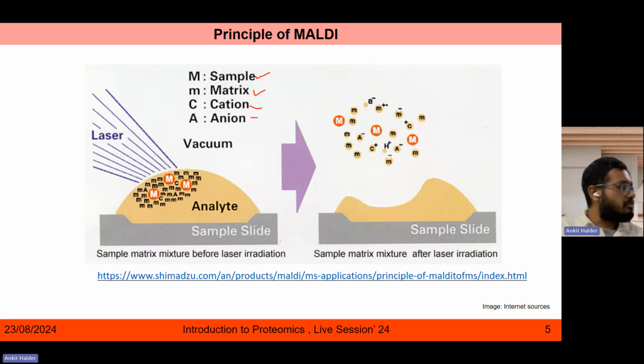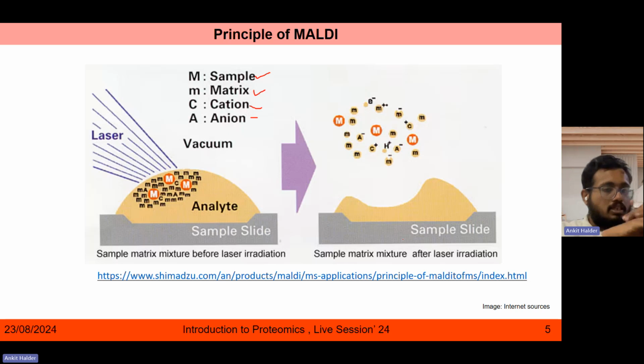So you have the sample matrix before your laser irradiation. The laser hits the sample with its beams, and your molecule will make charged ion species, and it will go to the mass spectrometer for separation. So this is the process of separating your ions.